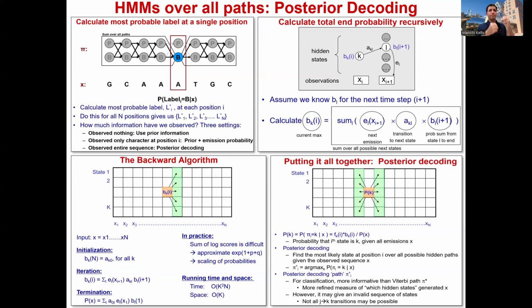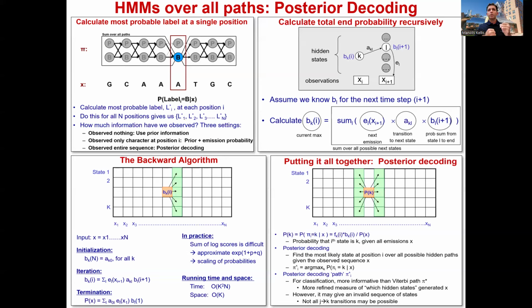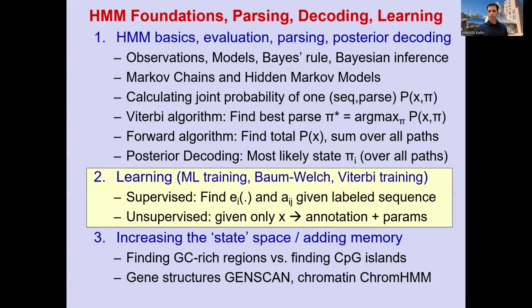If I wanted the best path with transitions, I'll just use Viterbi. If I'm just looking at the best parse based on posterior probabilities, regardless of whether it's a valid path or not, then I can just use posterior decoding. And at every position, I can just choose the maximum a posteriori state, the state that has the maximum posterior probability. Sounds good? Good. All right.